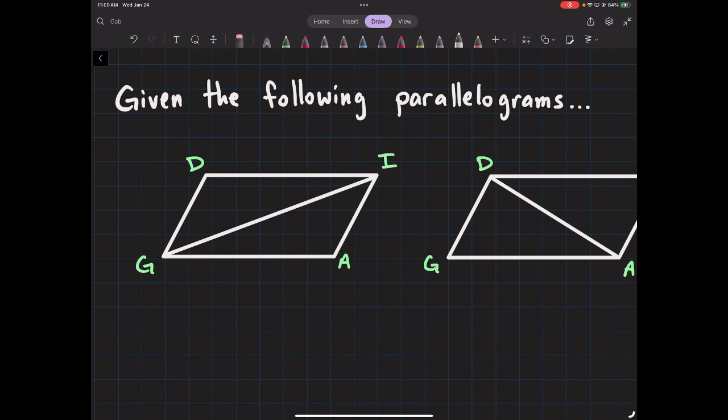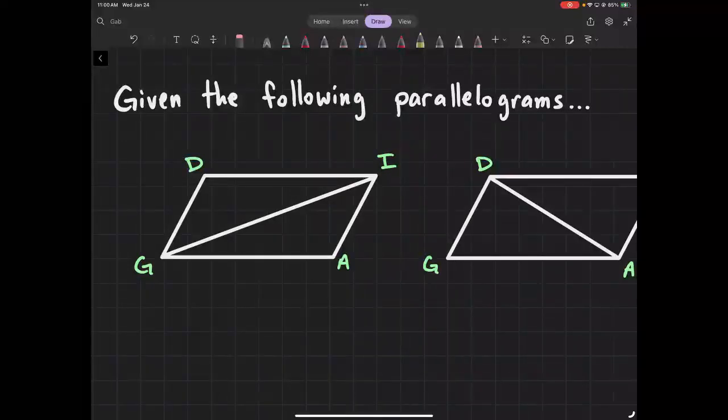Okay, so right here, you see that this parallelogram is being cut in half, or is it? This is called a diagonal, okay? So far, you guys know that opposite sides of a parallelogram are congruent?